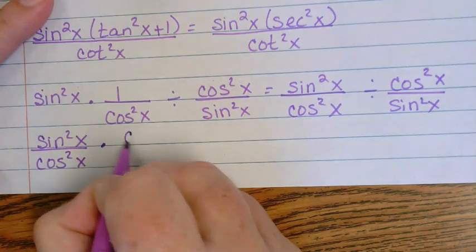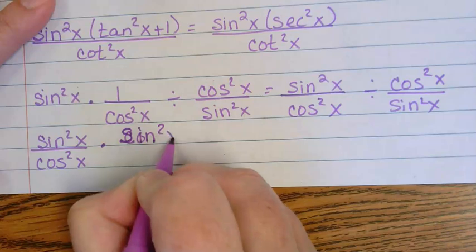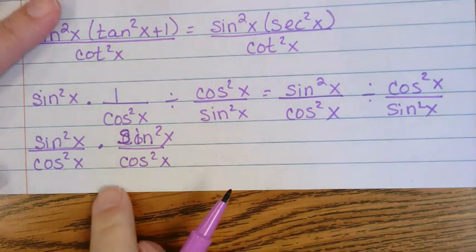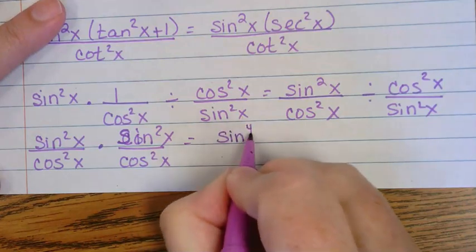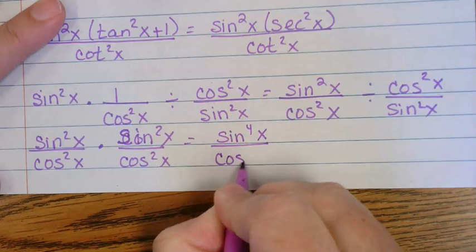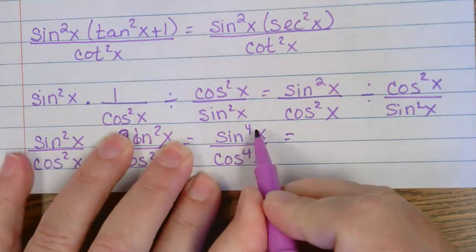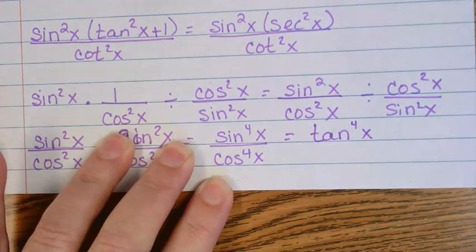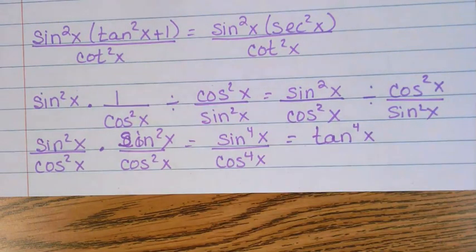Change, and now I'm going to, nope, I forgot to flip, sine squared over cosine squared. Nothing here cancels, so we've got to be careful. So sine squared times sine squared is just going to be sine to the fourth x over cosine to the fourth x. Now, if sine over cosine is tangent, then sine to the fourth over cosine to the fourth is going to be tangent to the fourth. That one's a little weird because we haven't had that, but it is all okay.